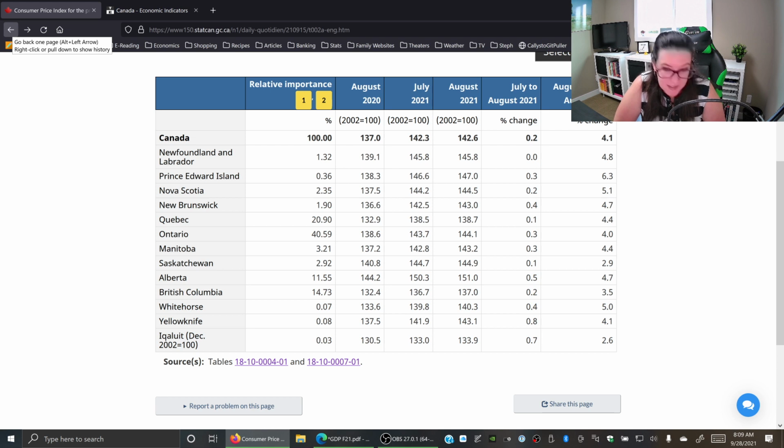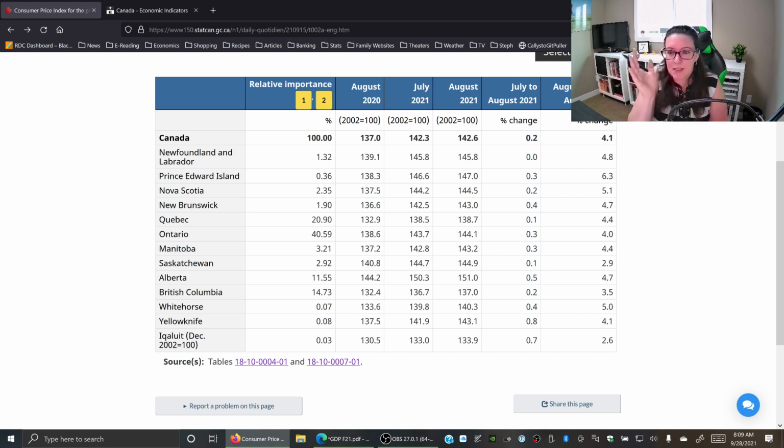So that's a significant increase in prices. That's because once we start to see reopening of businesses at the end of the summer in 2020, we have people who weren't able to go on trips or do things, so they're going to start spending lots of money. We also have supply chain issues that are disrupting production.